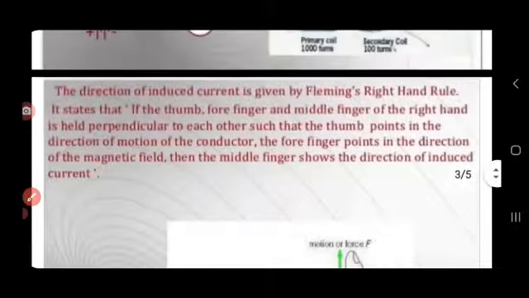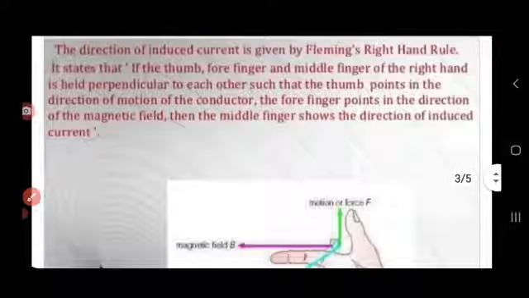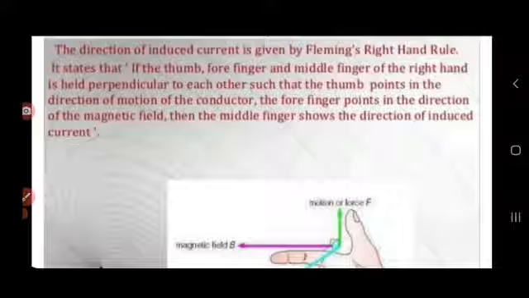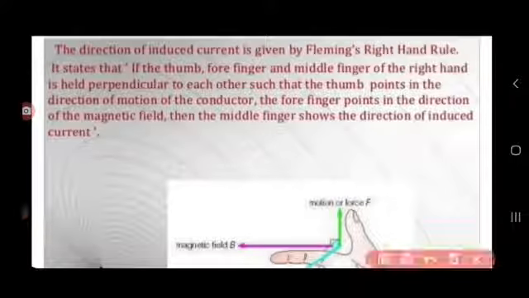Thumb indicates the direction of force. Then middle finger will indicate the direction of induced current.